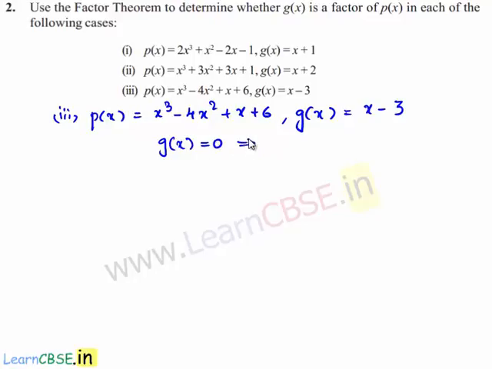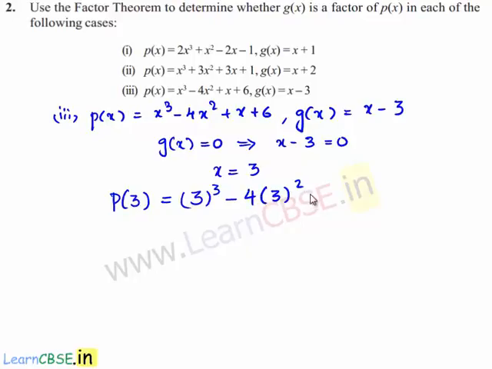We get x minus 3 is equal to 0, which is x is equal to 3. On substituting x is equal to 3 in the given polynomial, we will be getting p of 3 is equal to 3 cube minus 4 times of 3 square plus 3 plus 6.